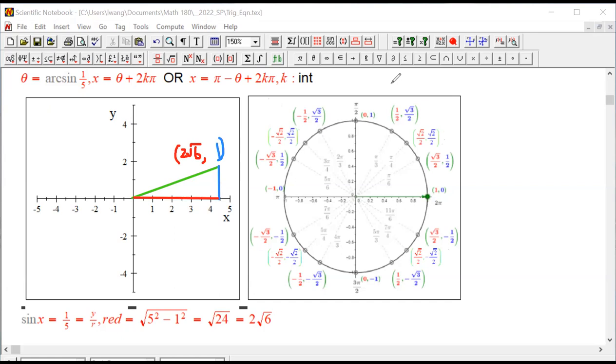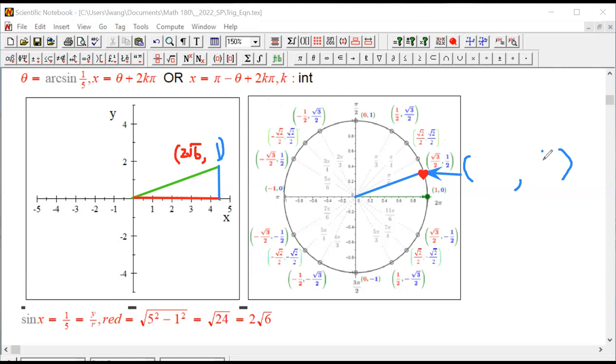Back to the unit circle, we did earlier 1/5. So this point, I'm going to mark it over here. I'm going to put a little heart here. That point has a red number and blue number.